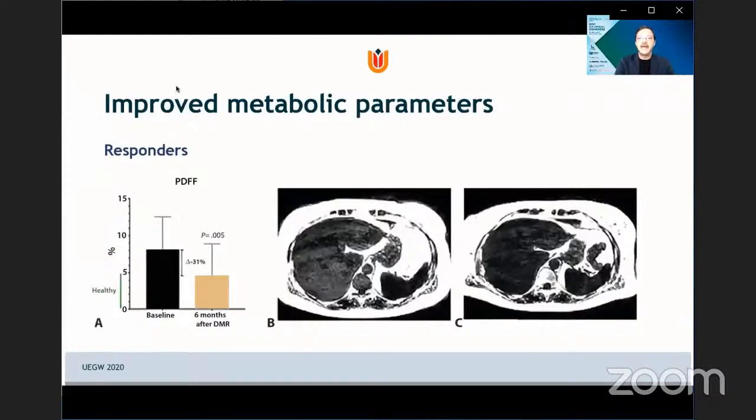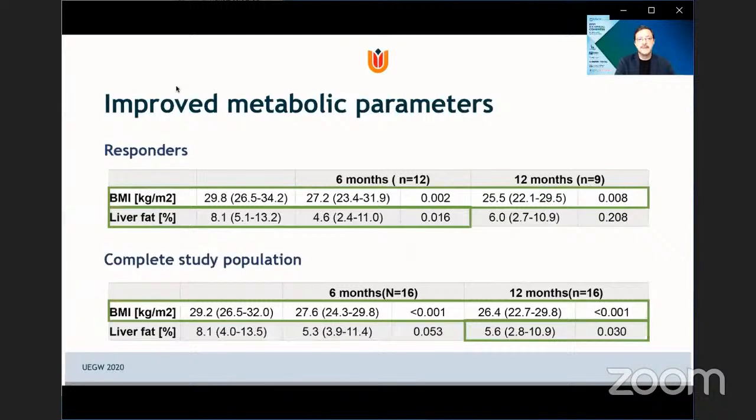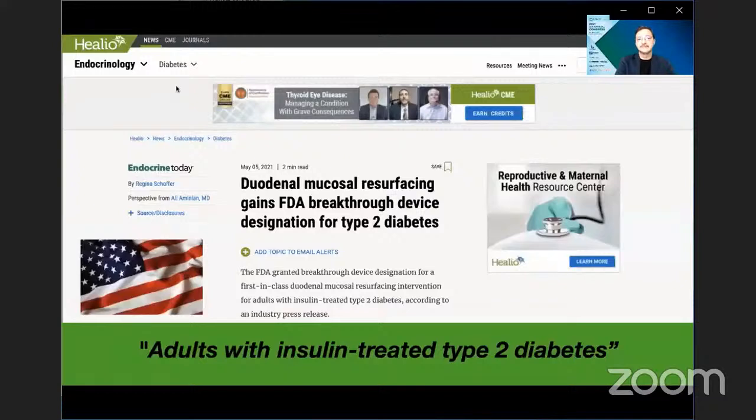You can see here on the area under the curve the positive impact of the therapy on those patients. And the metabolic parameters also in BMI and liver, in the complete population of the study, as you can see here. And it adds to the DMR the weight loss, so it's very positive for that.